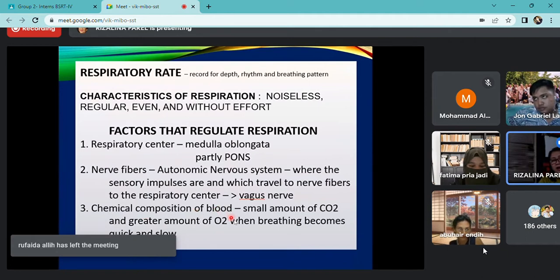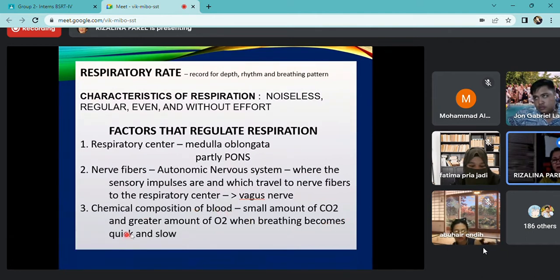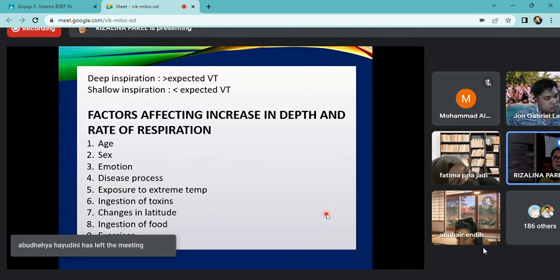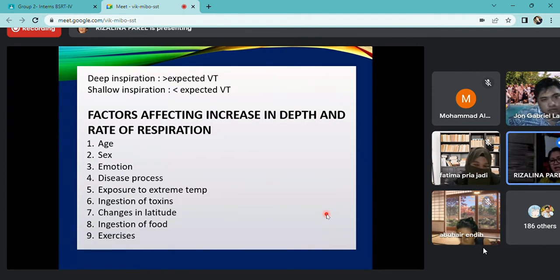Chemical composition of blood, small amount of carbon dioxide and greater amount of oxygen when breathing becomes quick and slow. Okay, so yung deep inspiration natin, expected natin na more ang ating tidal volume. And kapag shallow inspiration yan, expected natin na less ang kanyang tidal volume.